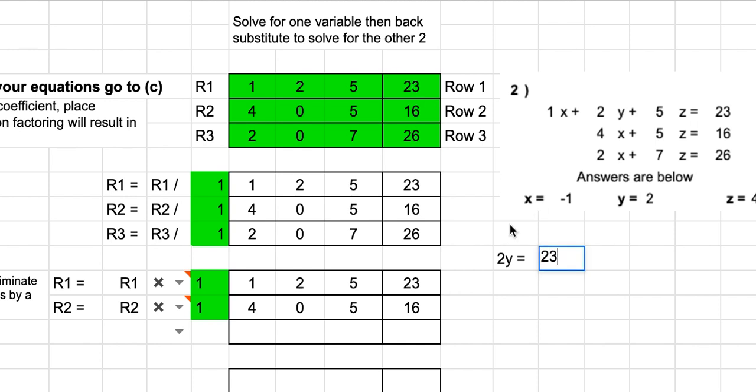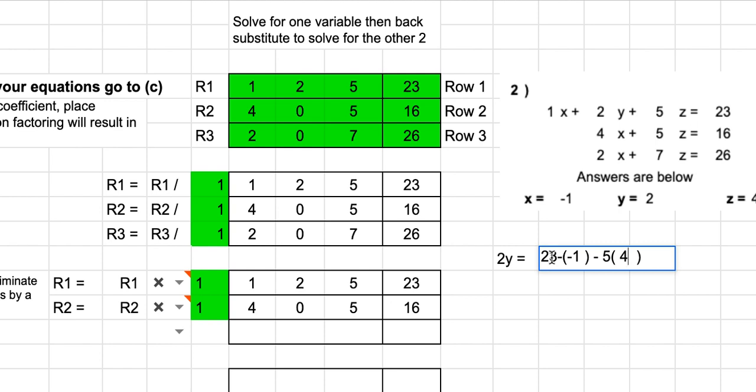I don't think I did that last time. 23 to start, and then I'm going to have to subtract off x, whatever that's worth. And then I'm going to have to subtract off 5z. Okay, and we know that x is worth negative 1, and we figured out z to be worth 4.